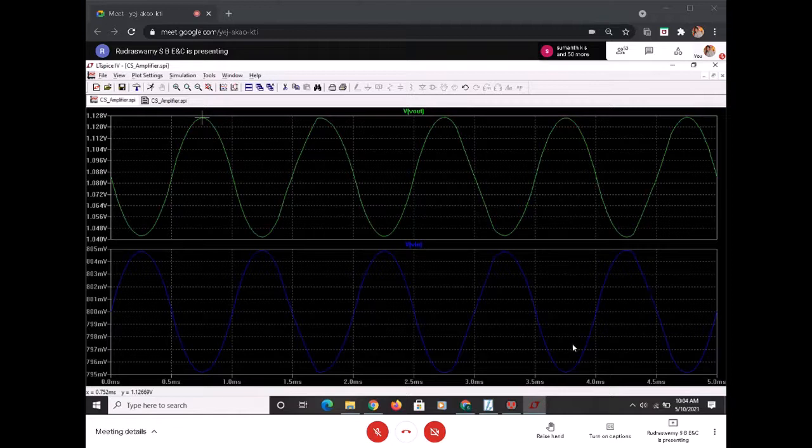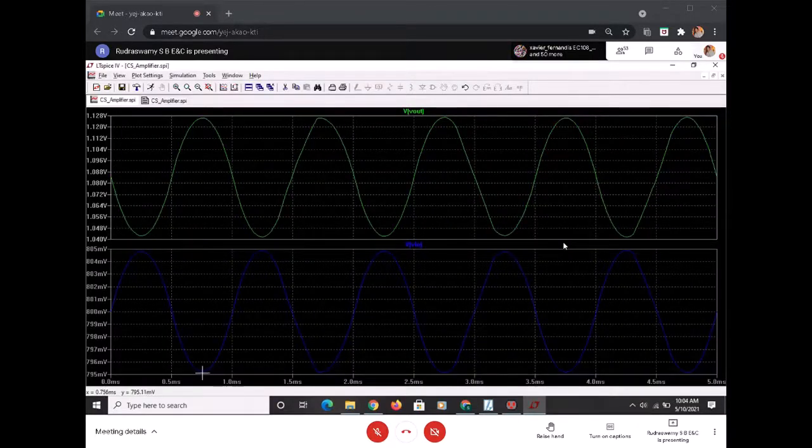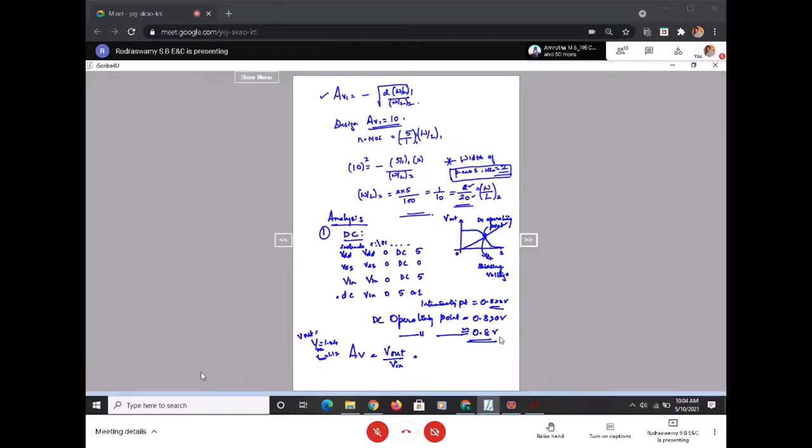This is the minimum and this is the maximum, which is 1.12. That's what I've written, so y max is 1.04 and this is 1.12. Similarly, I can go with this input. It is 795 milli, so I can go with V in as 725 milli.